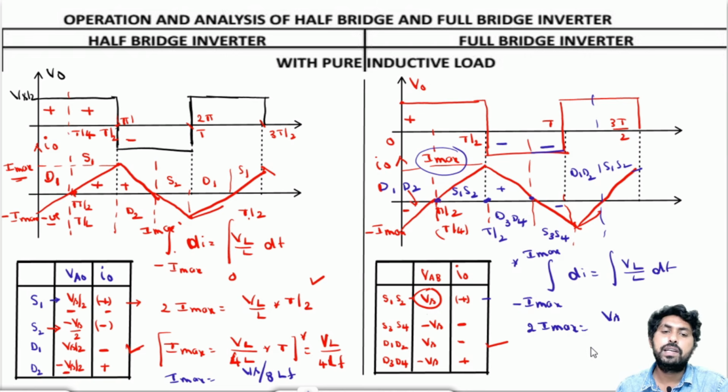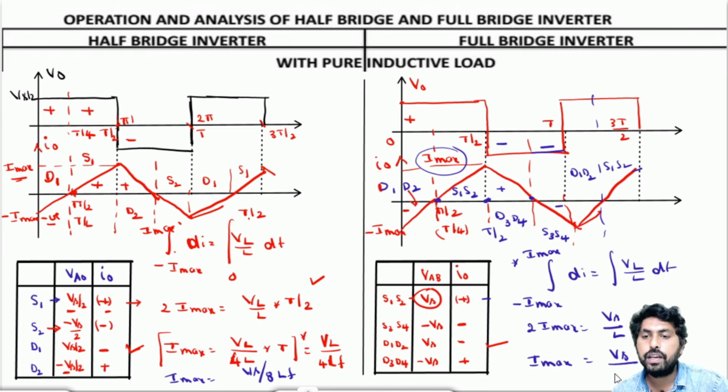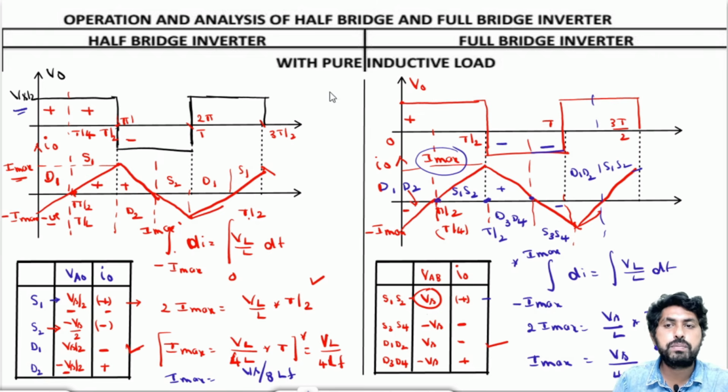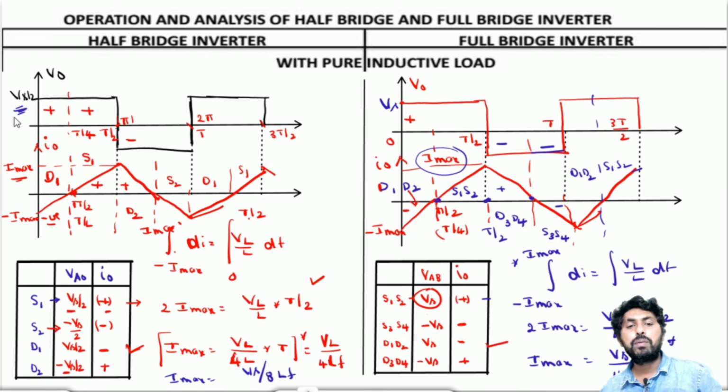Here VL equals Vs, so I max will be Vs by 4 into LF. This is an important expression. Here it is Vs by 8 LF where VL equals Vs by 2, and here Vs by 4 LF where VL equals Vs. So now we got the maximum value of the output current.